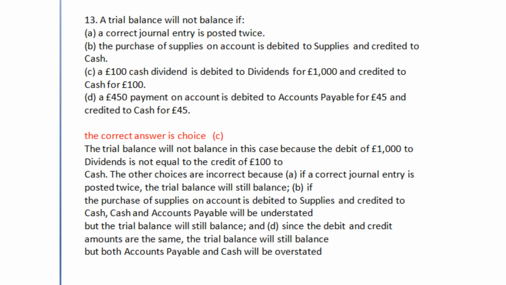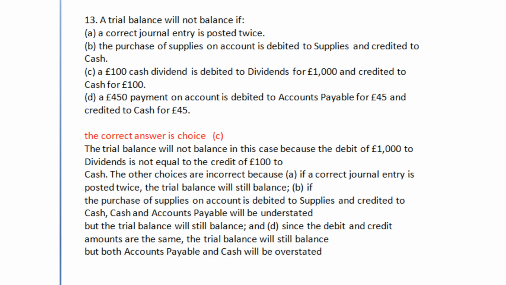Question 13. A trial balance will not balance if A. a correct journal entry is posted twice. B. the purchase of supplies on account is debited to supplies and credited to cash.